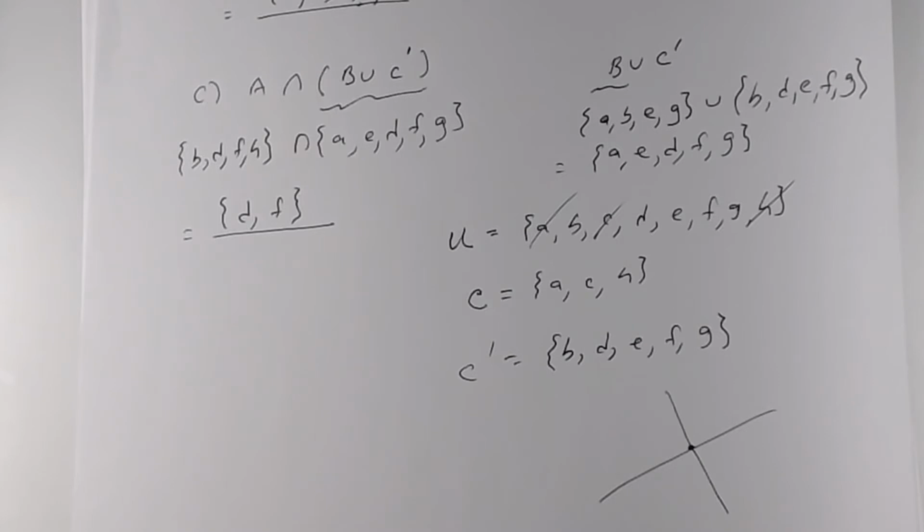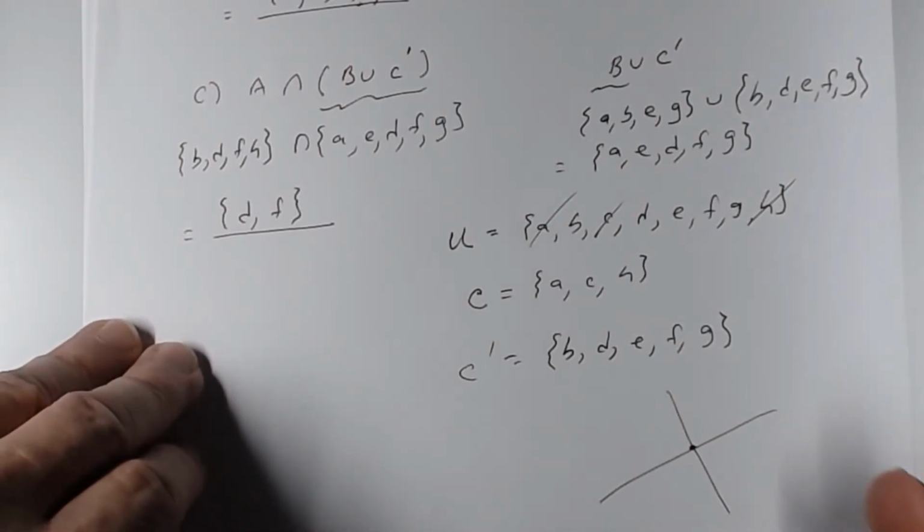So the intersection is the elements they have in common. The union is everything. The complement is everything that's not in the set: everything in the universal set except the elements of that set. So if you're looking at C complement, it's everything in the universal set except the elements of C. Those are the only ones you take away from the universal set.